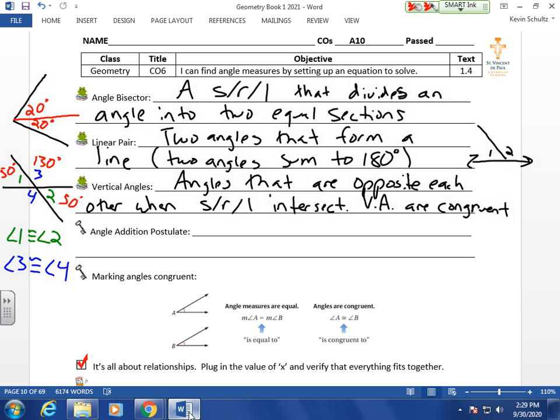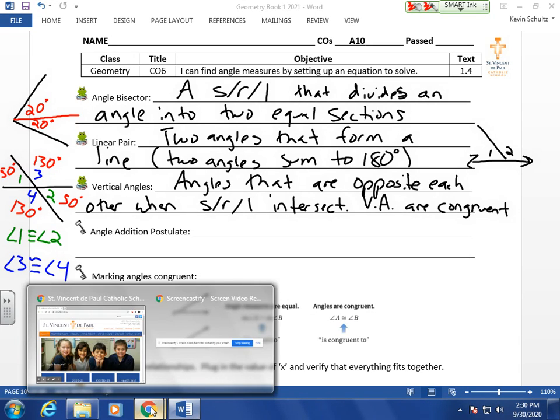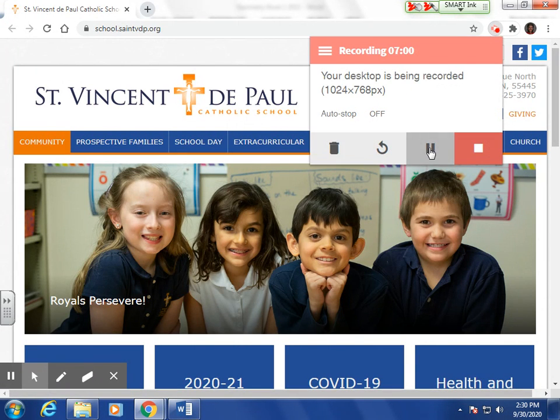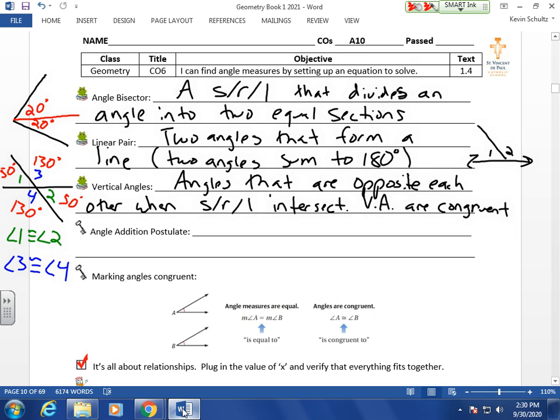And then angle 4, which is vertical angle with angle 3, will be 130, which is also a linear pair with angle 2, so you have 180 there, and a linear pair with angle 1, so you have 180 there. Okay? So angle relationships are all over the place here.